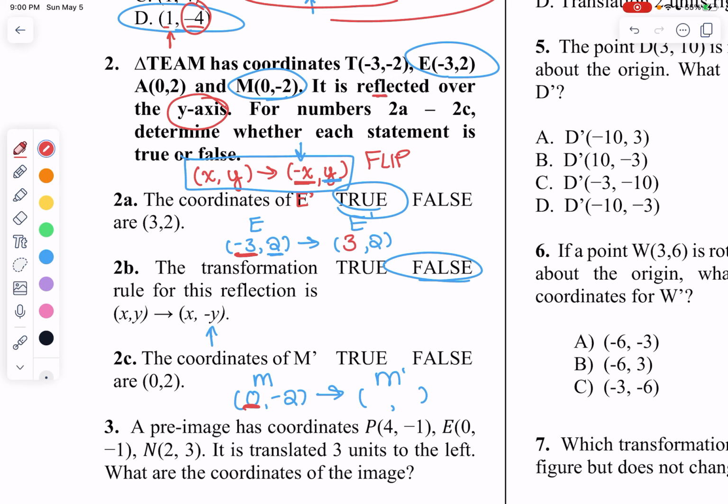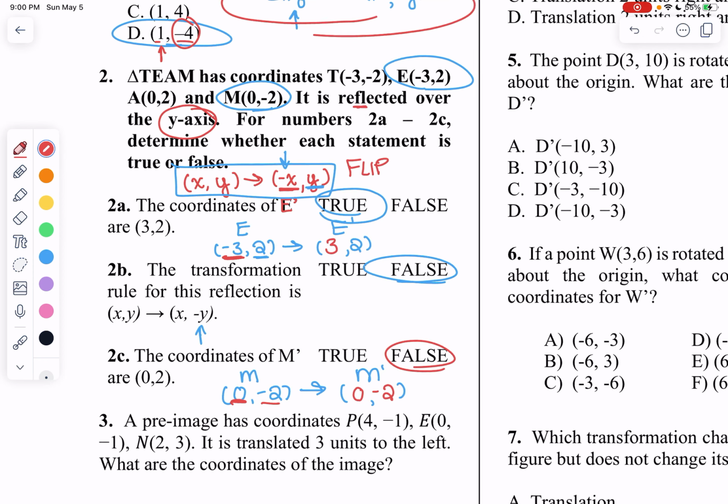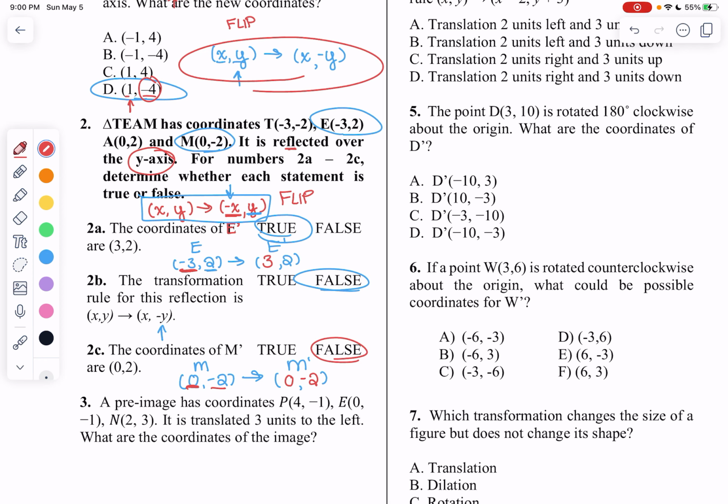Well, 0 doesn't have an opposite, okay? 0 is not positive or negative, so I cannot take the opposite of 0. It's just going to be 0. And then I know that my y does not change, so my y stays negative 2, meaning that this one is false, okay?